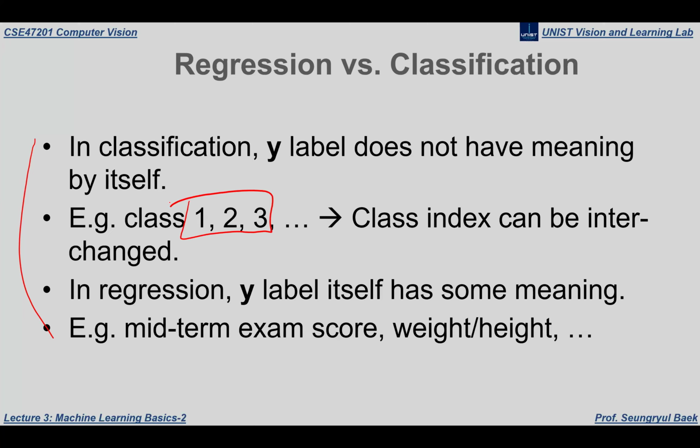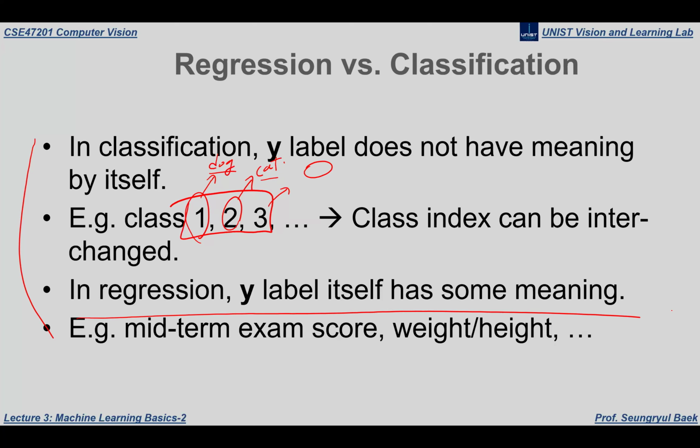Integer values in a classification task mean the class index, so we can map each integer to a semantic class, for example dog, cat, and some other object classes. But in regression, the y values themselves have a semantic meaning.